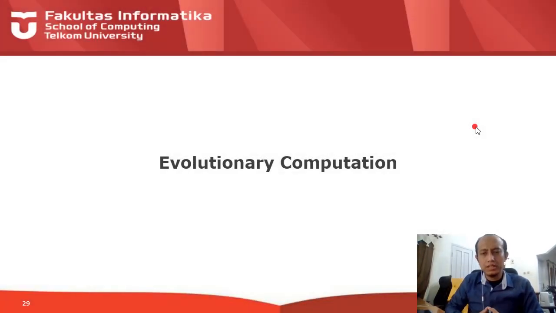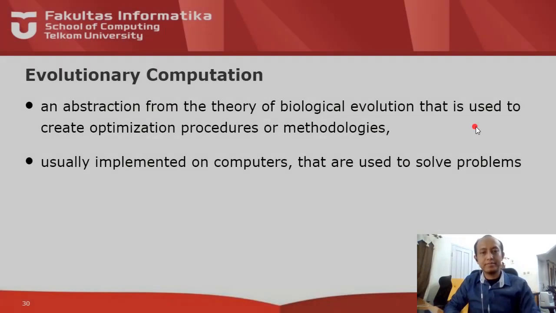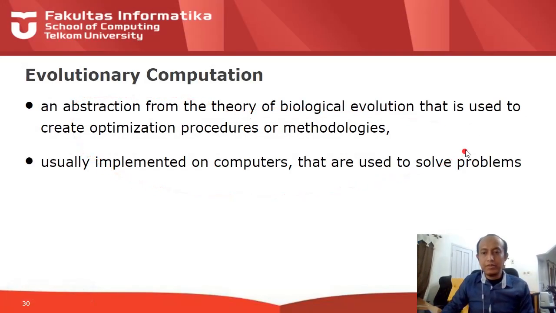So, what is this evolutionary computation? That is the parent of all evolutionary algorithms, including genetic algorithm. Let's find out. This is the definition of evolutionary computation. In short, it uses the theory of biological evolution and adapts that theory into programs and algorithms that can be run in a computer.